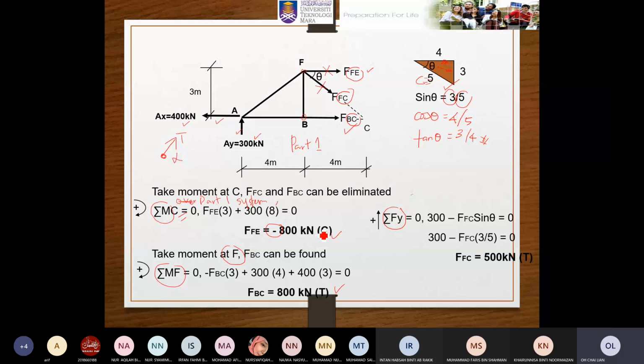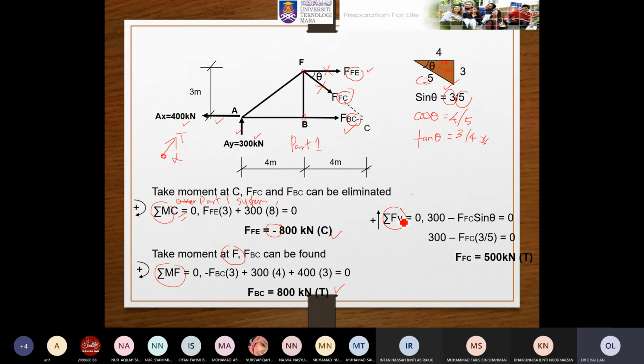Then it's almost there, it's left only FC. So you can use any method, summation Fx, summation Fy, or even summation moment at other joints to get this force FC.